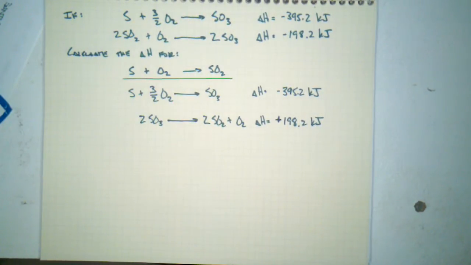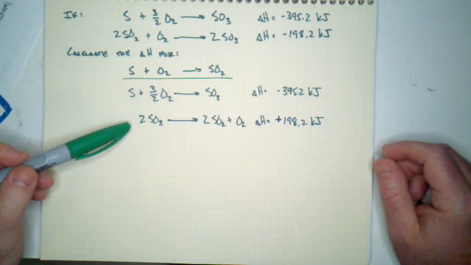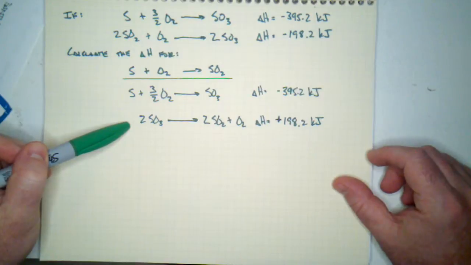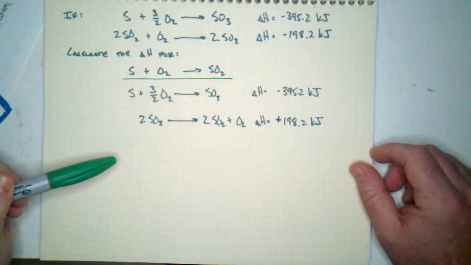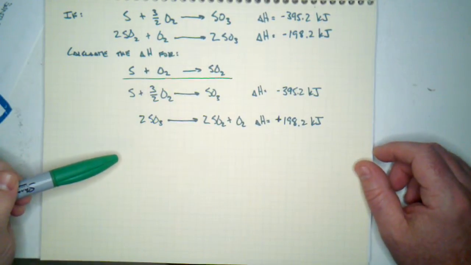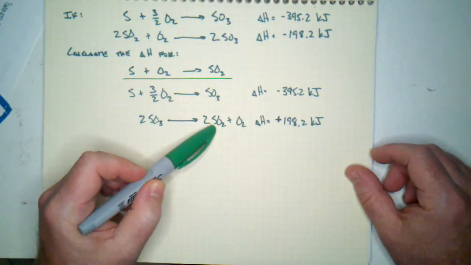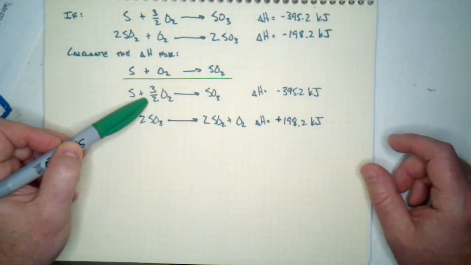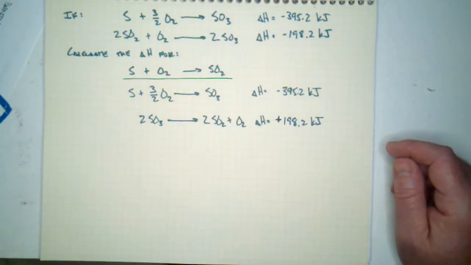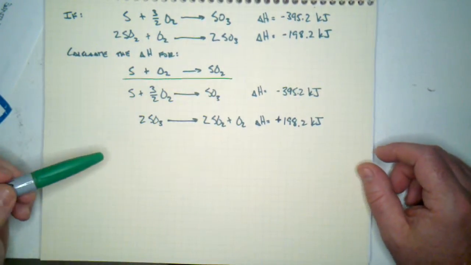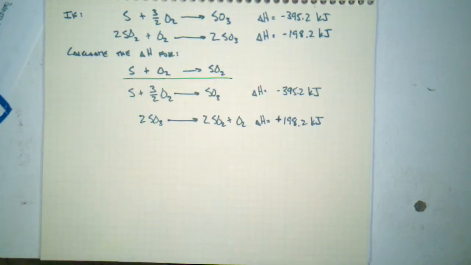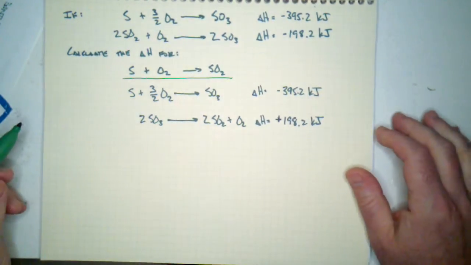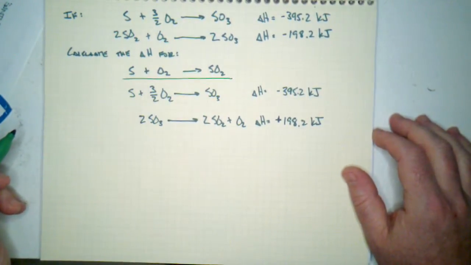So as I'm looking around at this, I say, okay, how can I make this cancel? Well, I've got 2 sulfur trioxides here, and I've got 1 sulfur trioxide there. I don't have any SO2s here. Oh, I've got an O2 here, and then I've got 3 O2s here, so those don't quite balance. The point is, I got to get rid of the sulfur trioxides. So what I'm going to do is multiply the whole thing by 2.